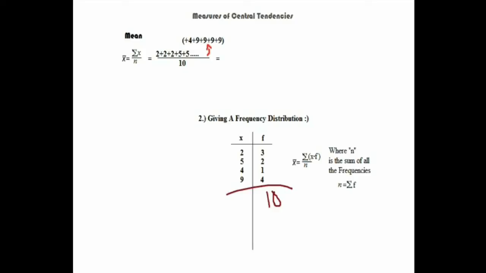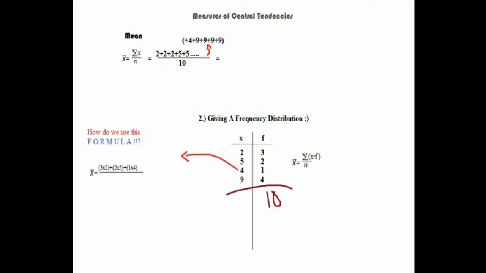So the formula is different. Okay? So how do we use this formula? The mean is going to be, I have 3 2's, so I multiply 3 times 2, and 2 times 5, 1 times 4, 4 times 9, and I'm going to divide by 10.